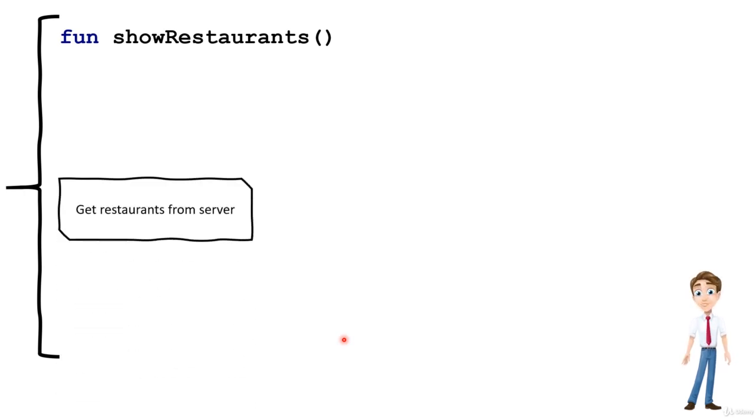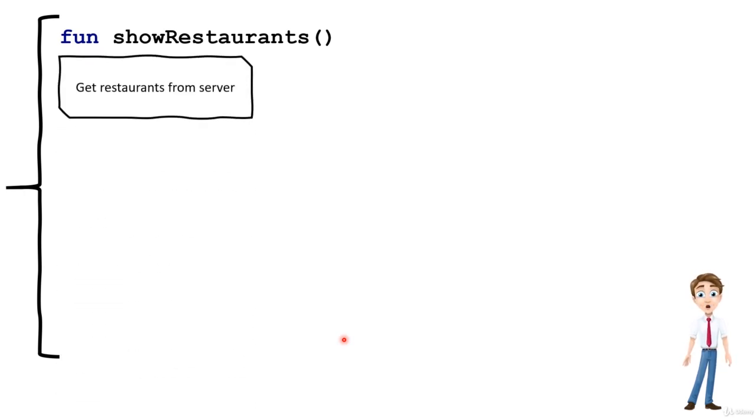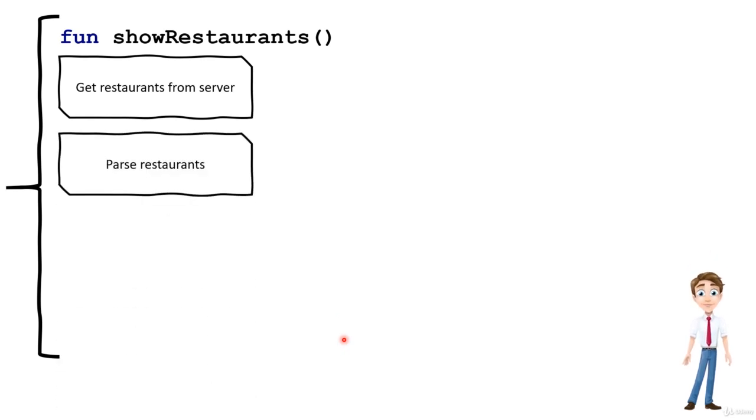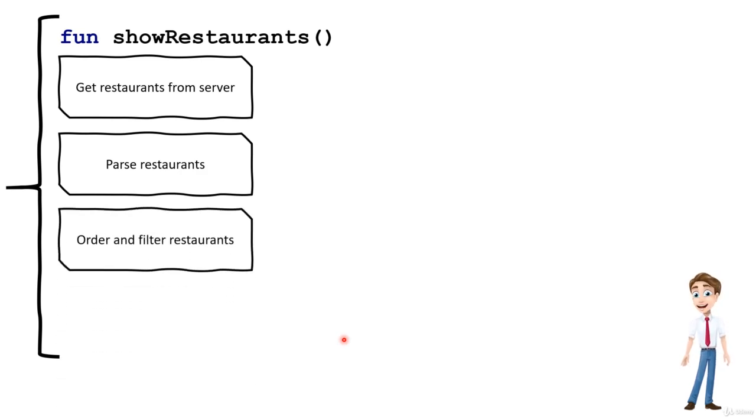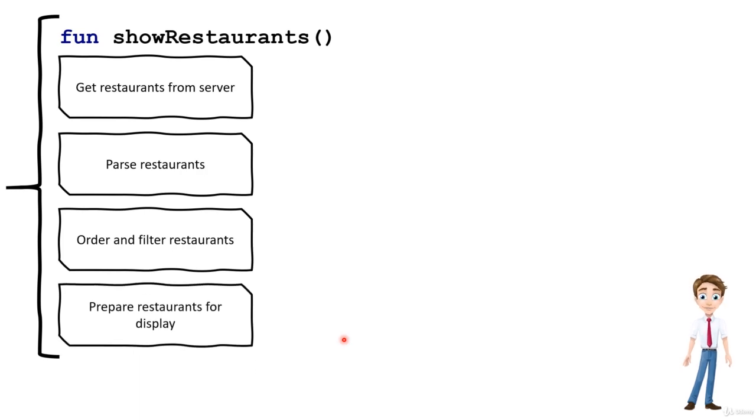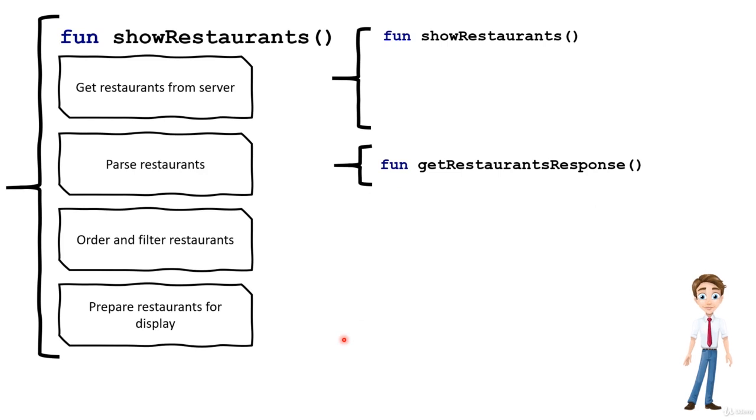We identified that the first thing happening was getting the restaurants from the server. Then we were parsing the restaurants, then we ordered and filtered them, and finally we prepared them for display. All of these actions are potentially good for their own individual methods. So we are going to have a slimmer showRestaurants method that calls smaller methods, more specific to what they do.